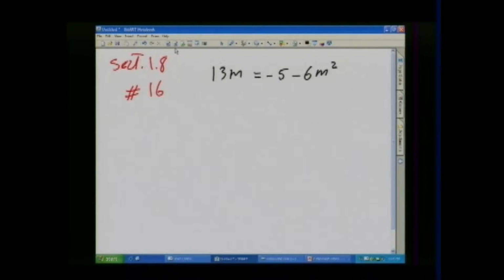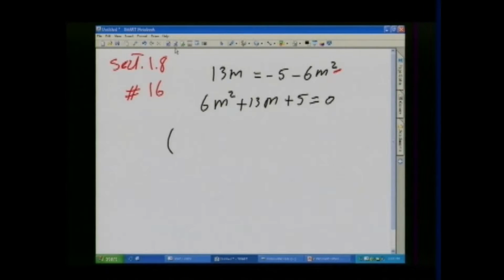Again, we know this is a quadratic because the highest power for the variable m is 2. So we move everything to one side and set it equal to 0. You would have 6m squared plus 13m plus 5 equal to 0.